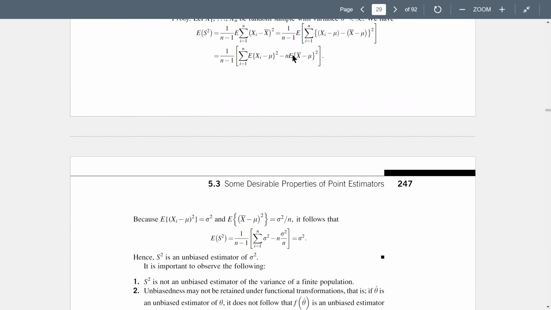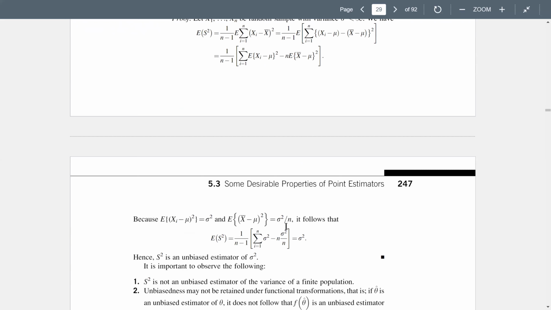The second item here is the sample variance, I mean the variance of the sampling distribution of the sample mean, right?